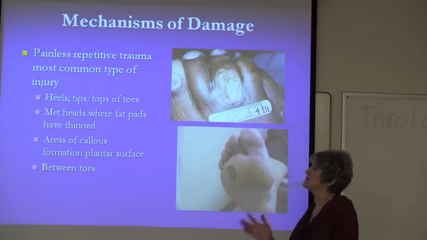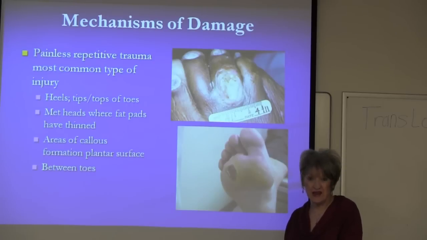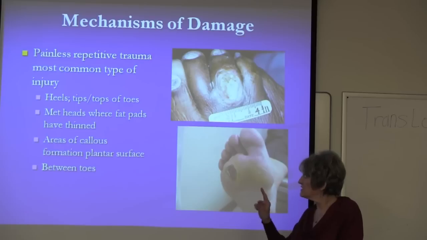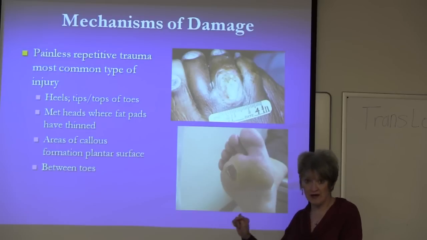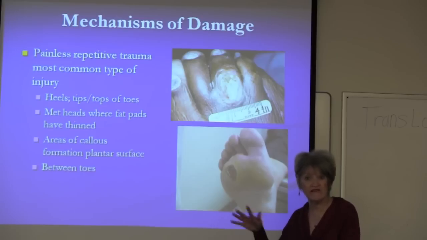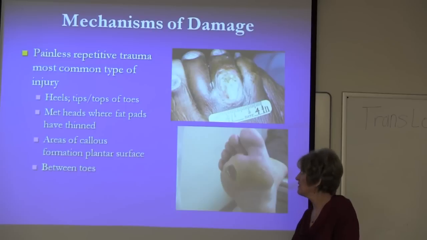Okay, now we're going to just summarize the types of damage that can occur in a patient with neuropathy and how you manage. By far, the greatest risk is painless repetitive trauma. And we've already talked about what happens with poorly fitting shoes, okay? The patient doesn't know their shoes don't fit.